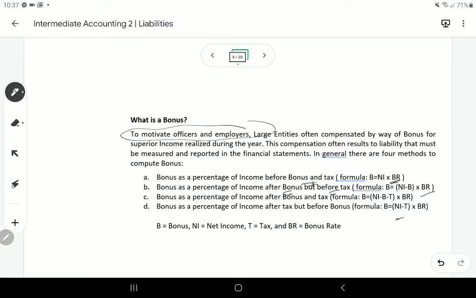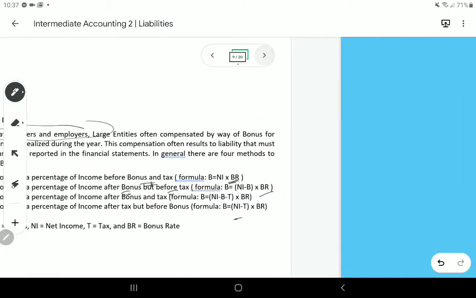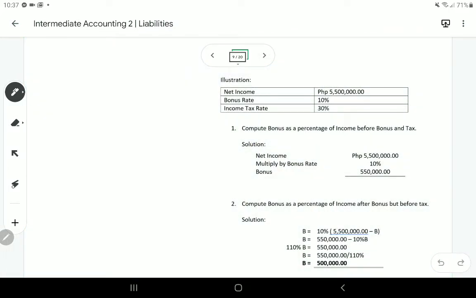So, example tayo. For illustration purposes, we have this example. Assuming na a certain company has a net income of 5,500,000, then the bonus rate is 10%, then the income tax rate is 30%. So, under method 1, bonus as a percentage of income before bonus and tax, simple ang computation.